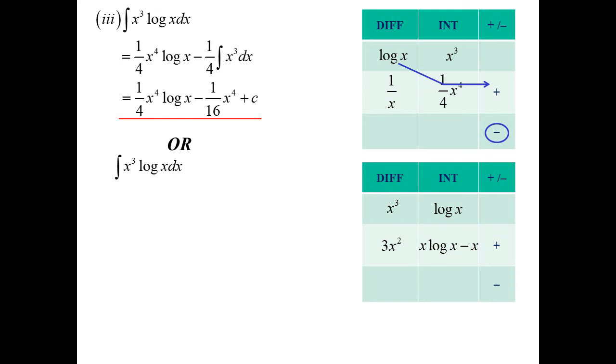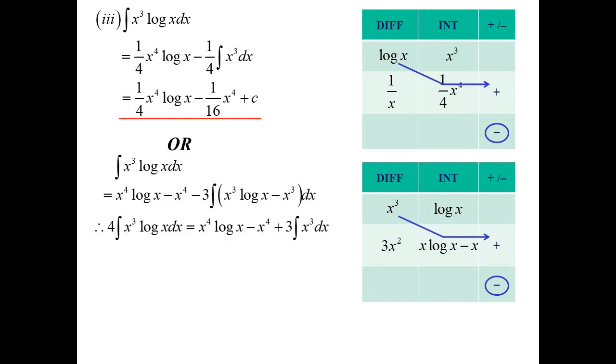I've now got a problem here, because how do I integrate x log x? So I'll stop like I did before, and it becomes 3 times the integral. Oh, but no, when you look at it, hang on a sec. I've got 3 lots of x cubed log x, which I can move to the other side. So I get 4 lots of the integral of x cubed log x is that expression there.